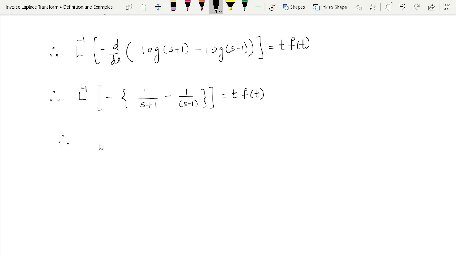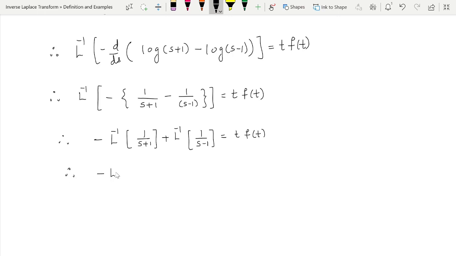Now you can put that minus sign inside, and using the linearity property of inverse Laplace transform, we get minus L inverse of 1 upon s plus 1, minus and minus will be plus, so plus L inverse of 1 upon s minus 1, which is equal to t multiplied by f of t.